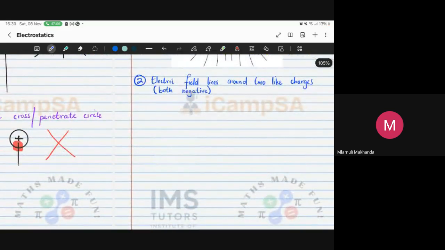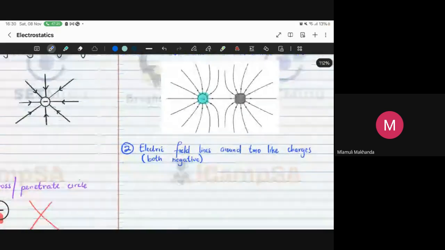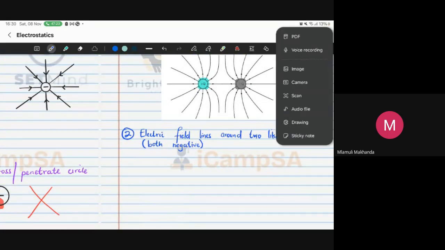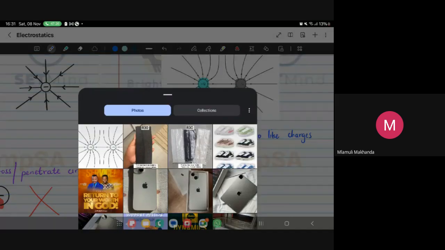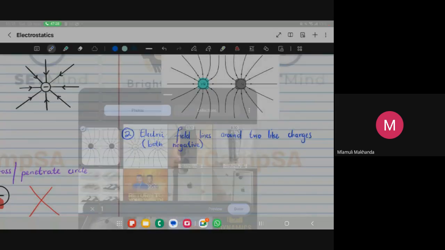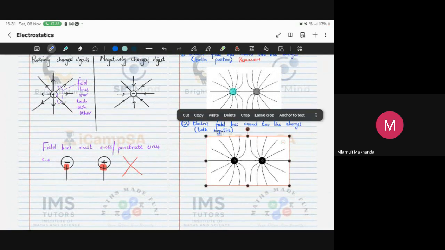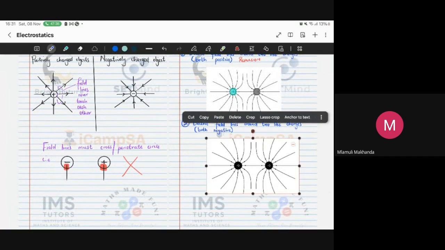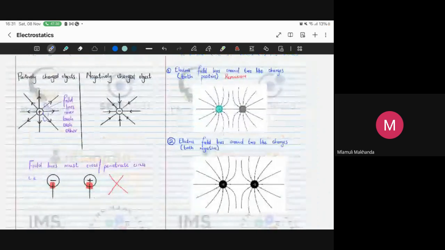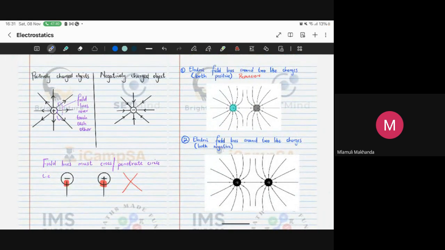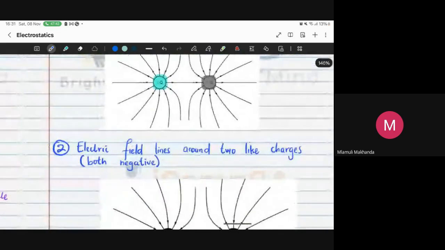So that is repulsion, and the field pattern for repulsion would look like that. So whether it's both positive or both negative, if it's like charges, you will experience repulsion.